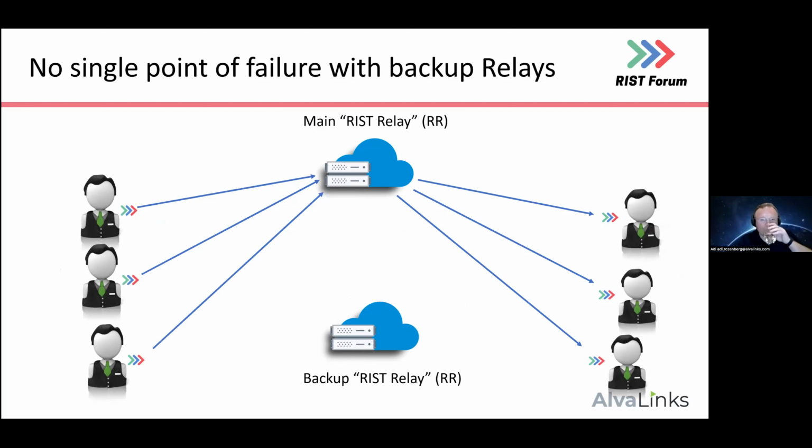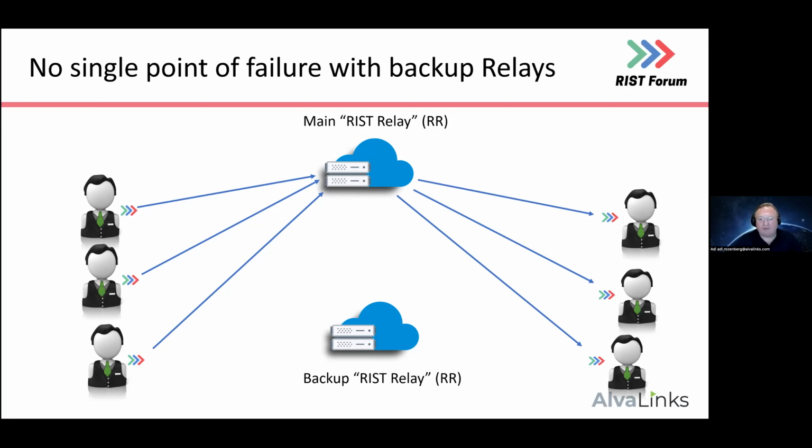Next, there was a problem that we tackled and solved: a RIST relay may be considered like a choke point, a single point of failure. So let's consider that in this environment, we have multiple peers connecting over the main RIST relay. We can have a backup with the same configuration.